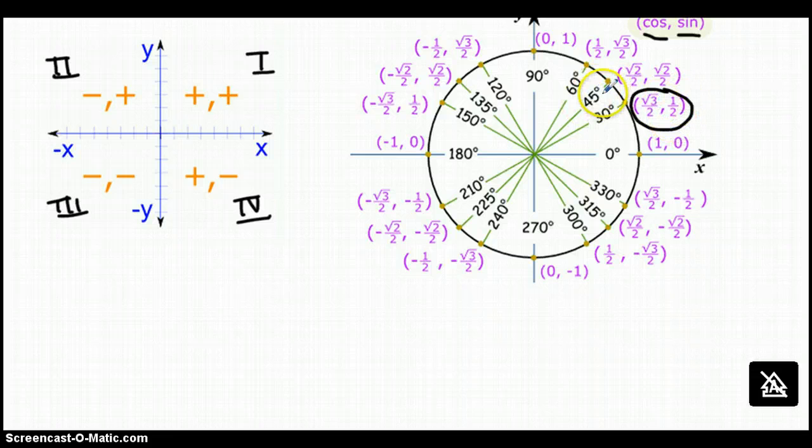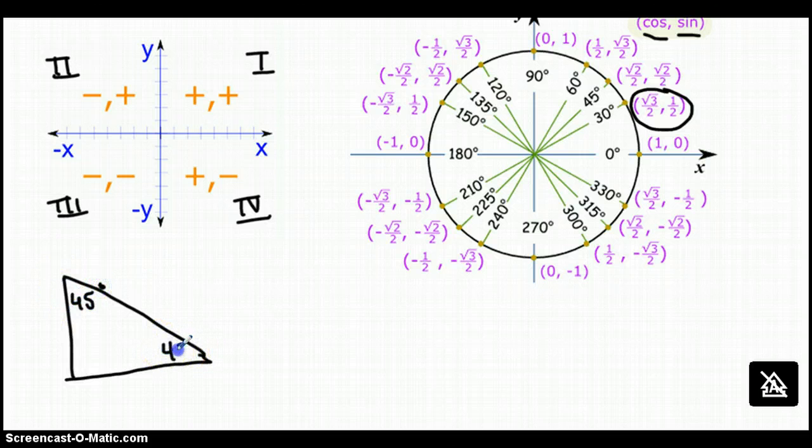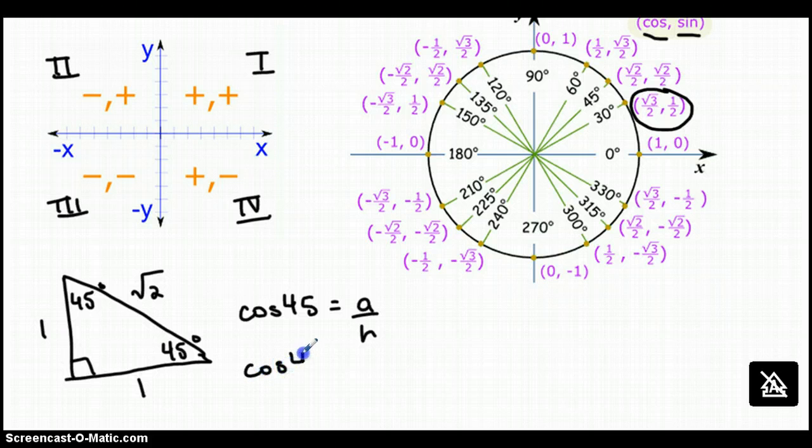Now if you're using the 45-degree angle, you cannot use the same triangle. You're going to have to use the triangle that deals with the 45 degrees. So I'm just going to draw that real quick. 1, 1, square root of 2. Remember that cosine is first, so we can go ahead and do cosine of 45 equals adjacent over hypotenuse.